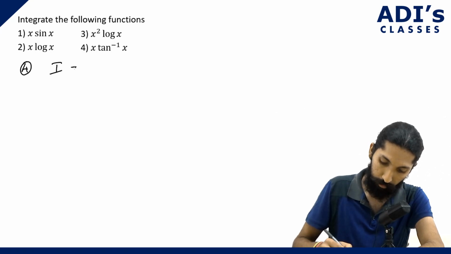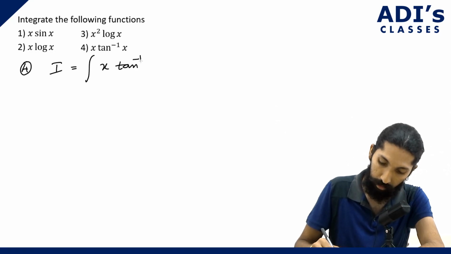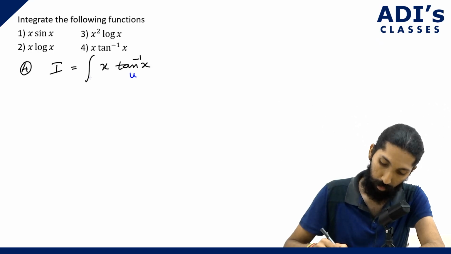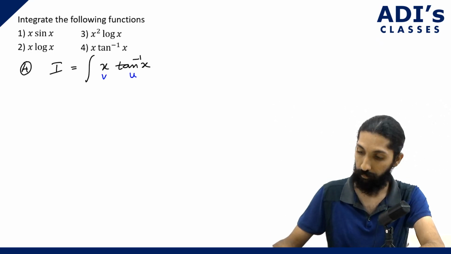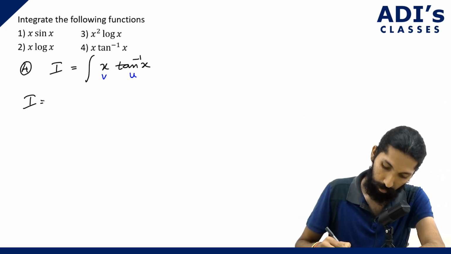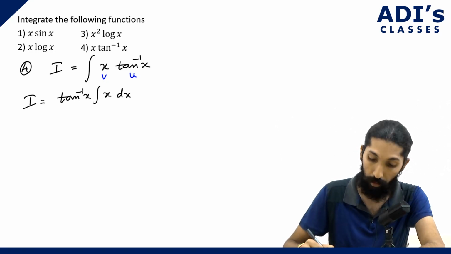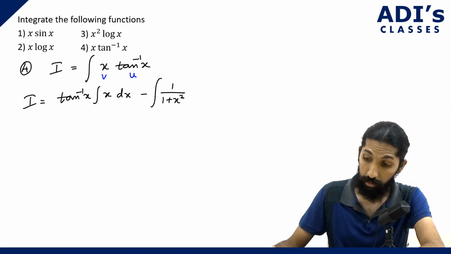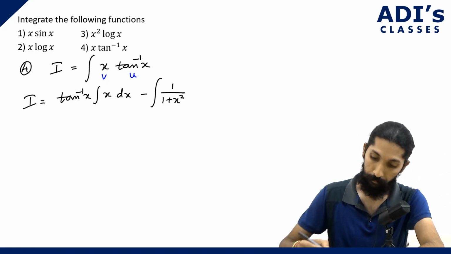I is equal to the integral of x tan inverse of x. So you have u, you have v, correct? Now since you have u and v, I is equal to tan inverse of x into the integral of x, the first part, minus the integral of 1 by 1 plus x square, because the derivative of tan inverse of x is that, right?